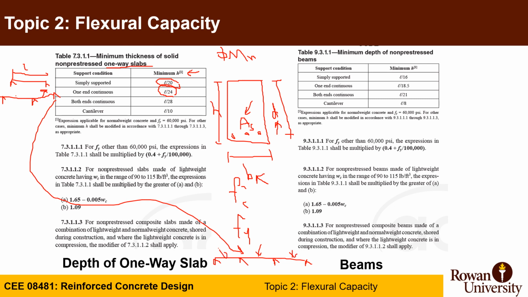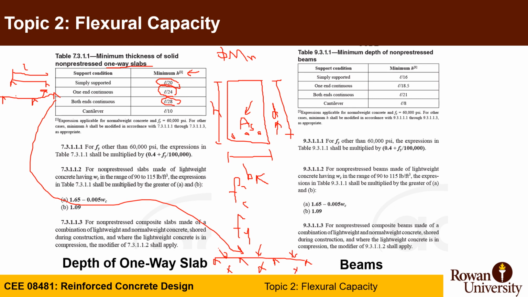To focus on this one, you take the span of the second slab and divide by 28, or the span of the outer ones, first and third, divided by 24.